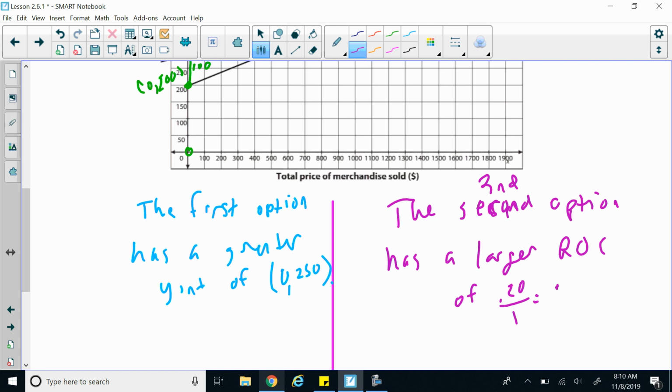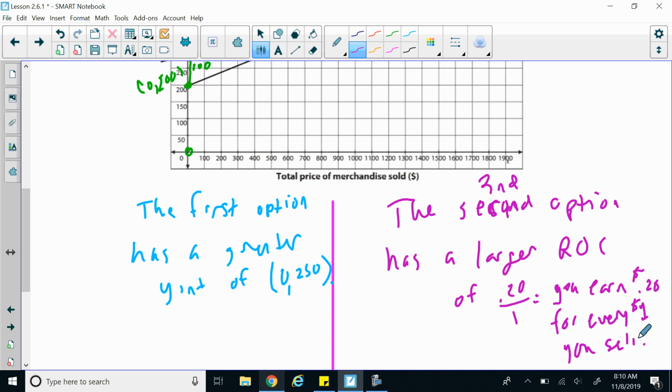It means you earn 0.20, which is 20 cents for every $1 you sell. Whereas the other one, you were earning 15 cents for every dollar you sell. So that's what we're doing.